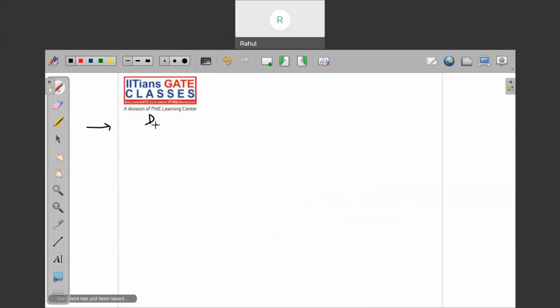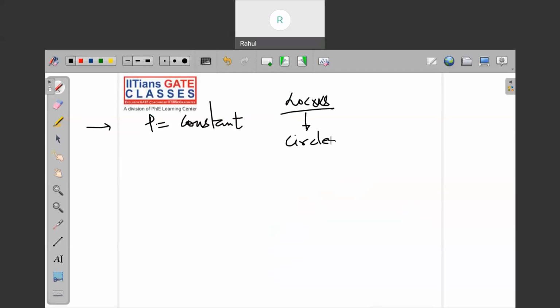If rho is constant, the locus will be a circle. You can see that as well.